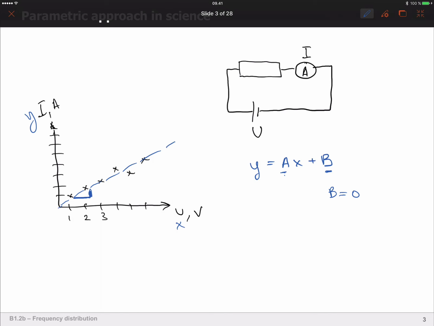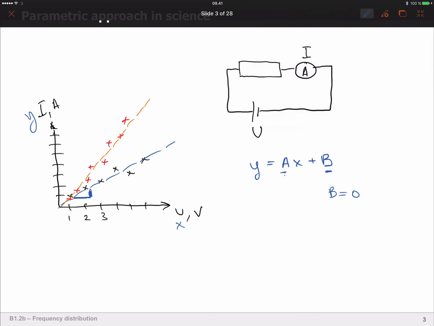Imagine that you take another piece of metal and repeat the experiment and get something like this. It will not be ideally linear, but it will be very close to a straight line. Again, you can make a line fit and find other parameters.